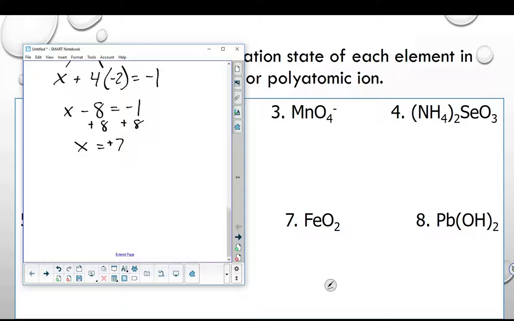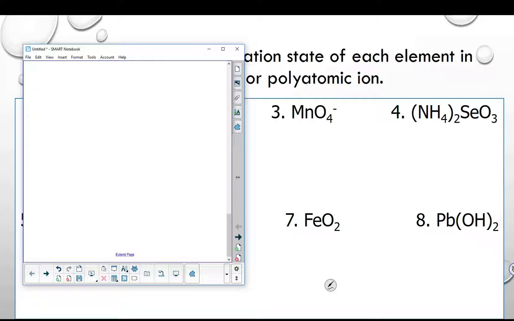Okay, so now we're going to do FeO2. So give yourself a try and get it done. Then we'll look up when you're done. I'm going to give you a few seconds head start.